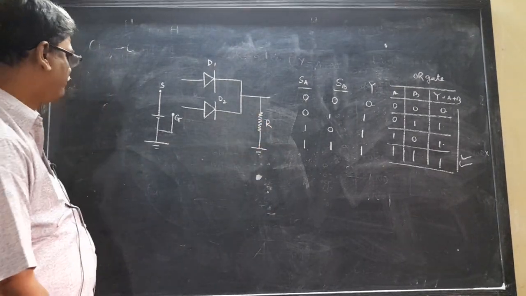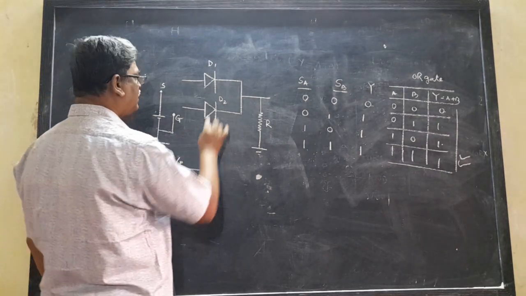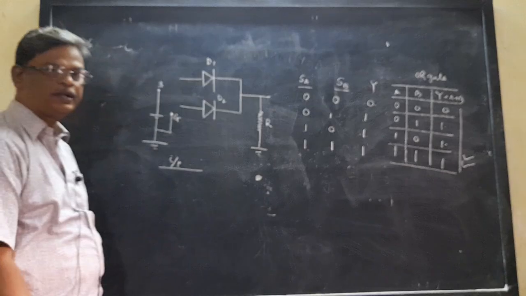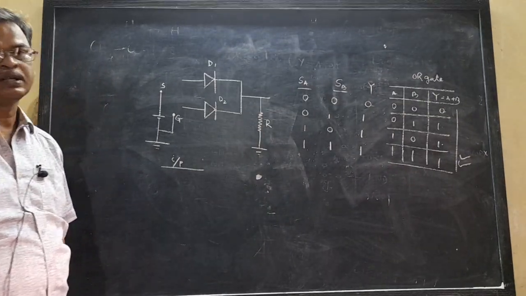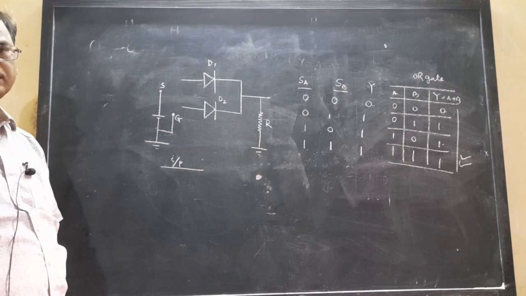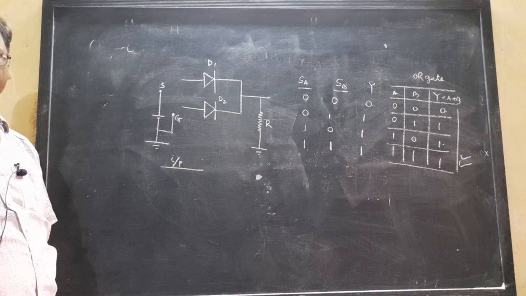Now see the input. The input is two diodes D1 and D2. For a diode, if it is forward biased then it conducts the current, and if it is reverse biased it does not conduct the current. Clear?